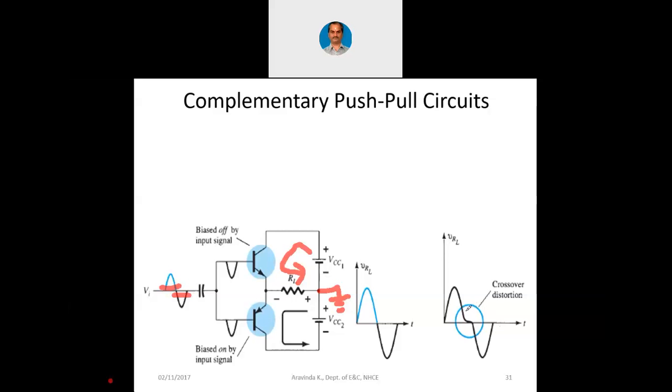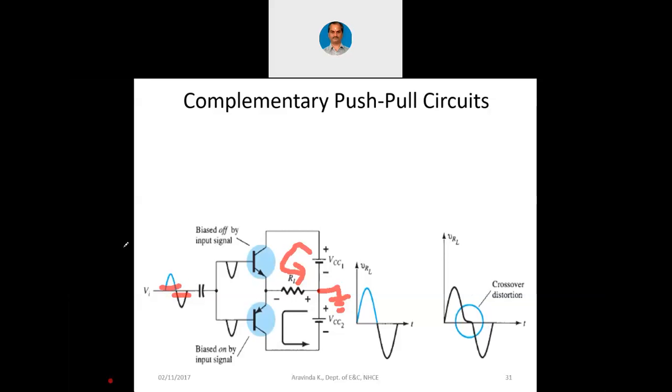When in between both are off, across the load there is no signal. That is called crossover distortion. In this particular arrangement, we will have to compromise with this distortion. Even though it's a distortion, we will have to compromise, because we are trying to save the circuitry.